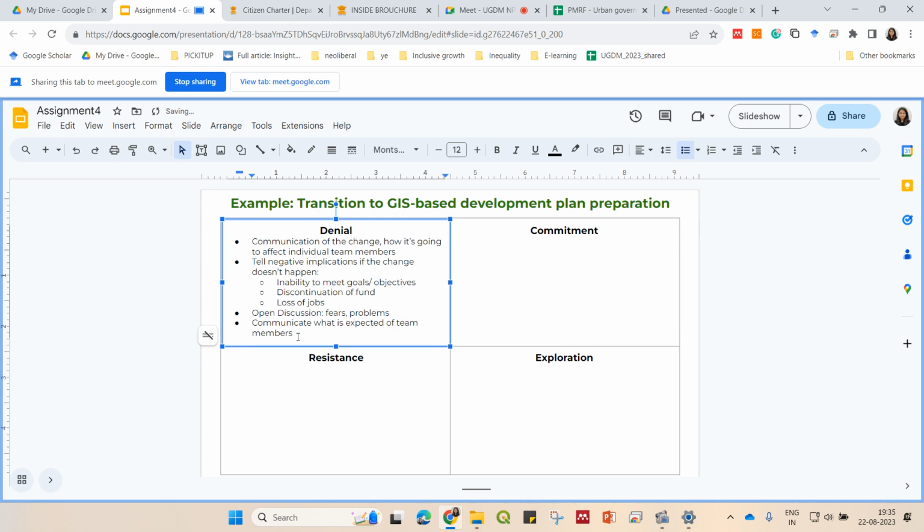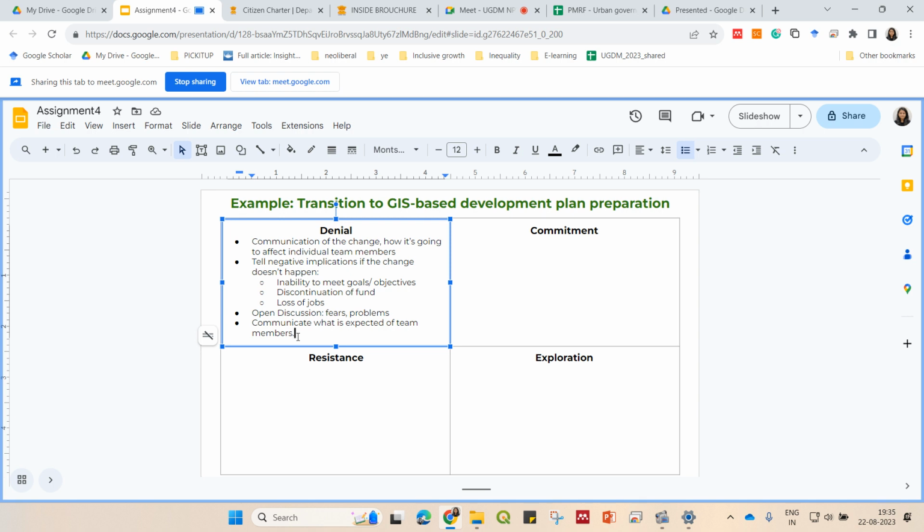You can tell them what is expected of them going forward. So this is the change which is occurring, and maybe you should install this software, or you should upgrade your system in order to be able to use it, and who you can talk to.